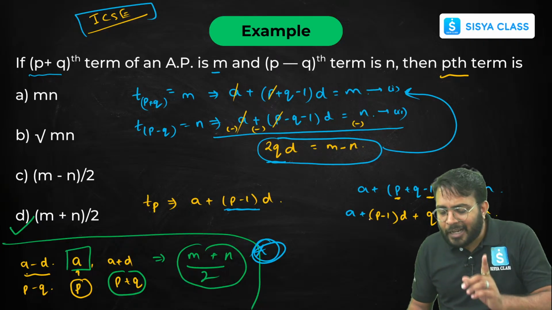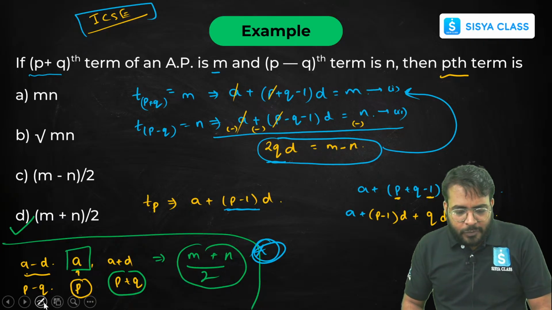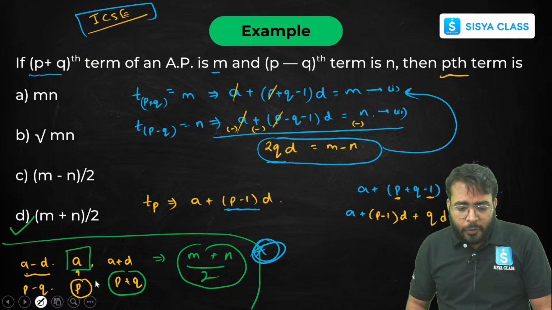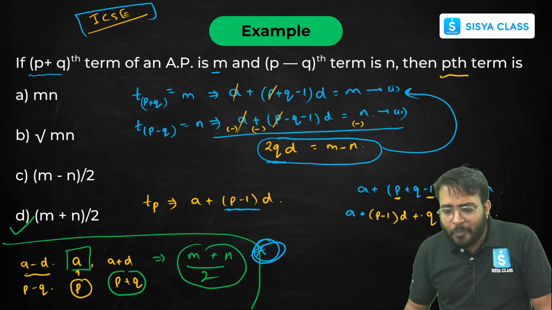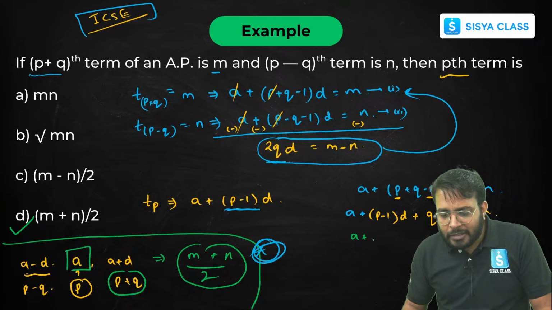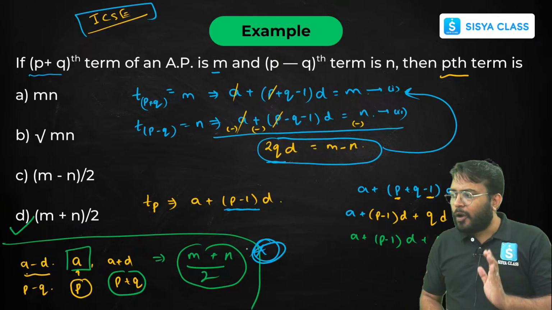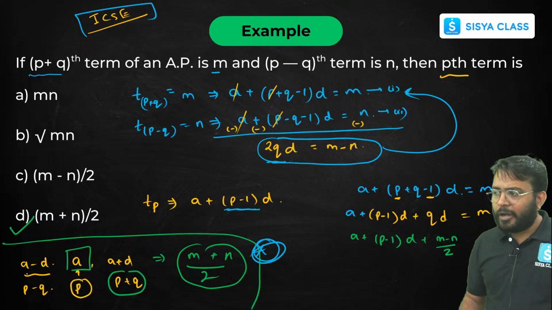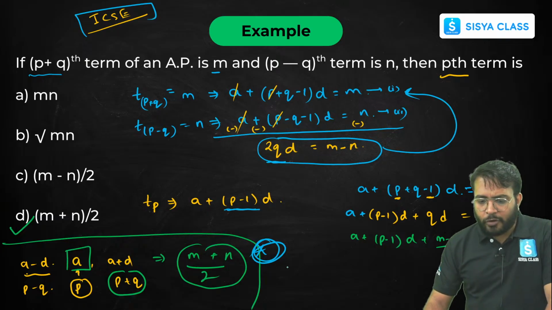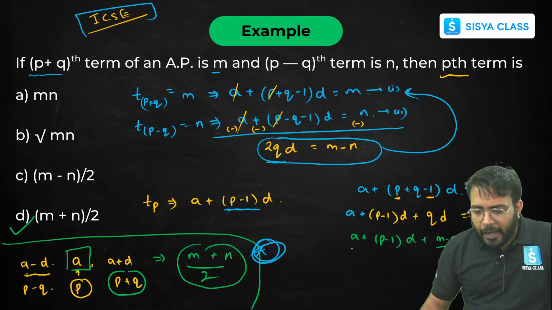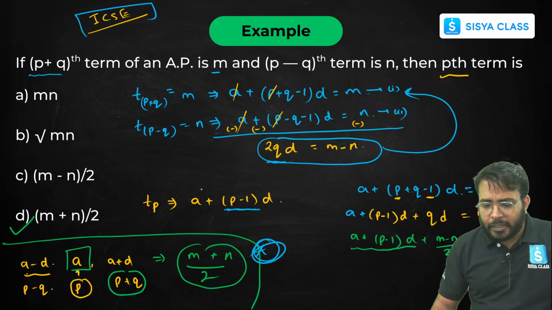Now from here, can I substitute the value of qd? Yes sir, we can. What is the value of qd? qd is nothing but m minus n by 2. So if I want to find the value of a plus p minus 1 into d, this is what I need to find out.